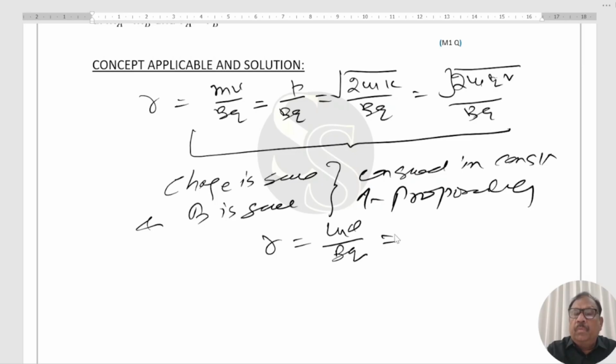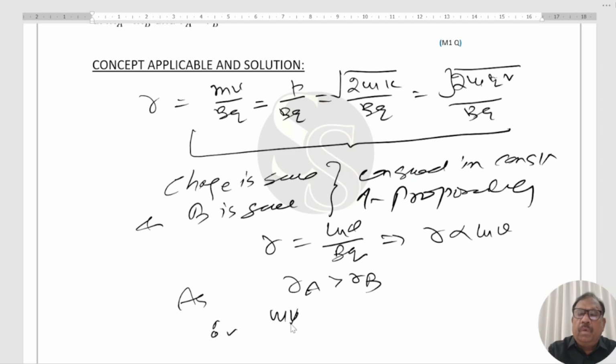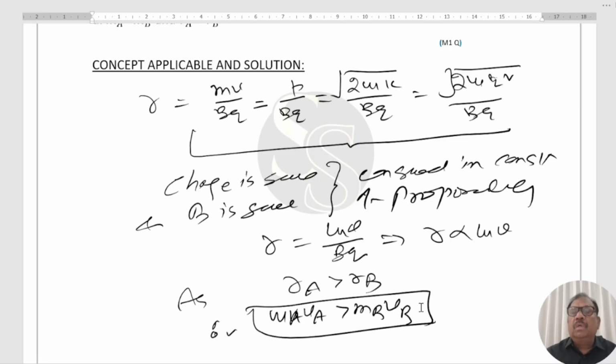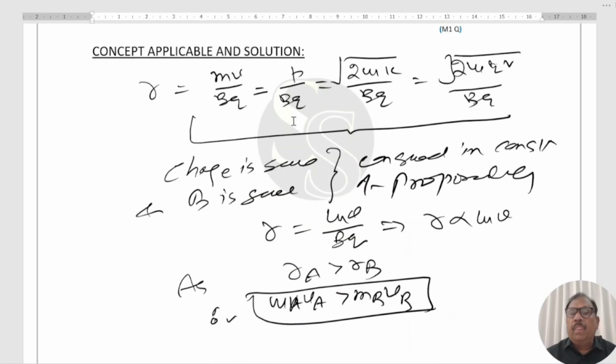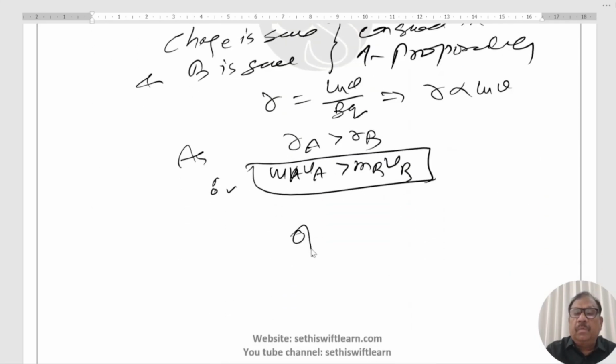V is same, so R is proportional to mv, as charge is same. As Ra is greater than Rb, therefore Ma V is greater than Mb V. We check the option which is the correct option. Option B is correct. Right?